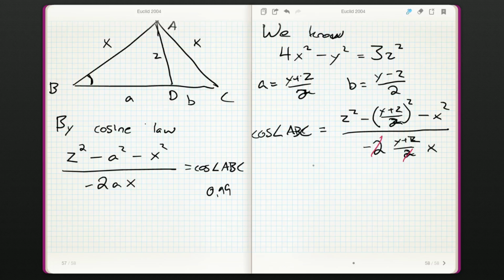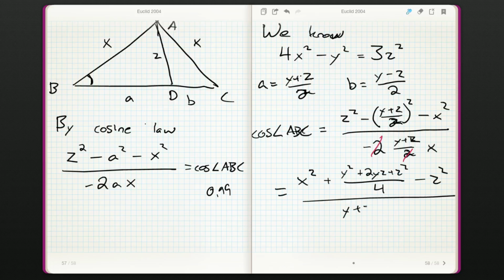I suppose we can get rid of this minus sign by flipping things around. x squared plus, and then we got x squared plus 2yz plus z squared, all over 4, minus z squared, and then x times (y plus z).